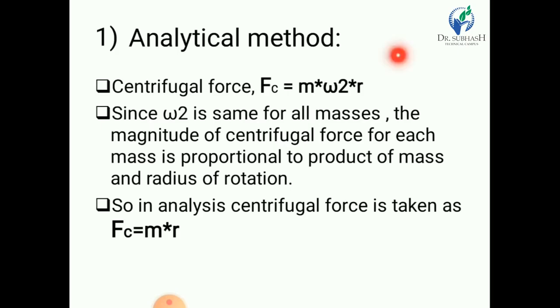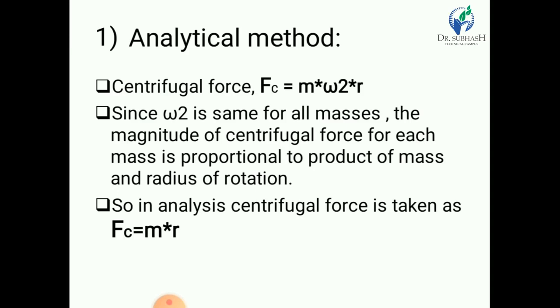We know that centrifugal force is m omega square r, where m is mass, omega is the angular speed of the shaft, and r is the distance of the masses from the neutral axis. Here omega square is the same for all masses. If we calculate Fc1, it is M1 omega square R1. If we consider Fc2, it is M2 omega square R2.